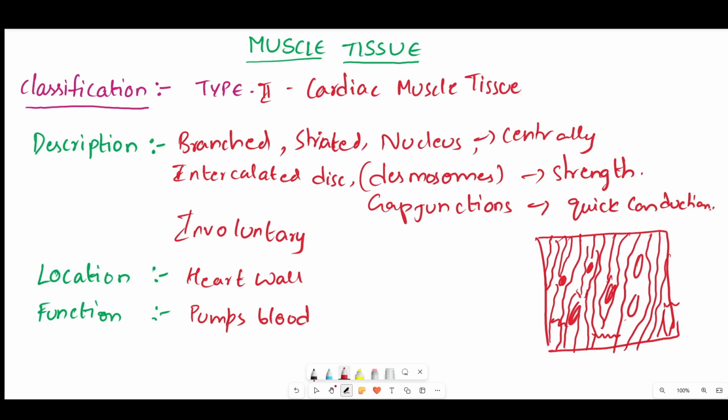The location is the heart wall, and it is useful for pumping blood from one part to all the parts of the body. If we zoom in on the structure, as mentioned above, it is in the form of a branched structure.